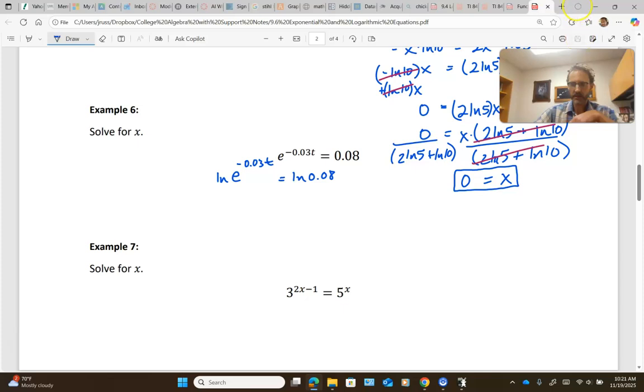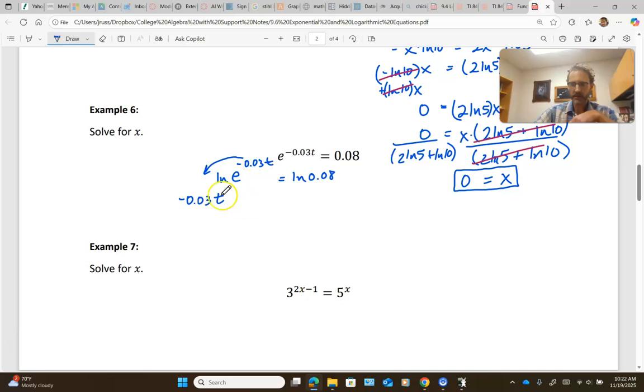Now, in this case, choosing to use the natural log as our logarithm will actually benefit us a bit. You'll see how here in a minute. Alright, well, this exponent's going to come in front using the power rule again.